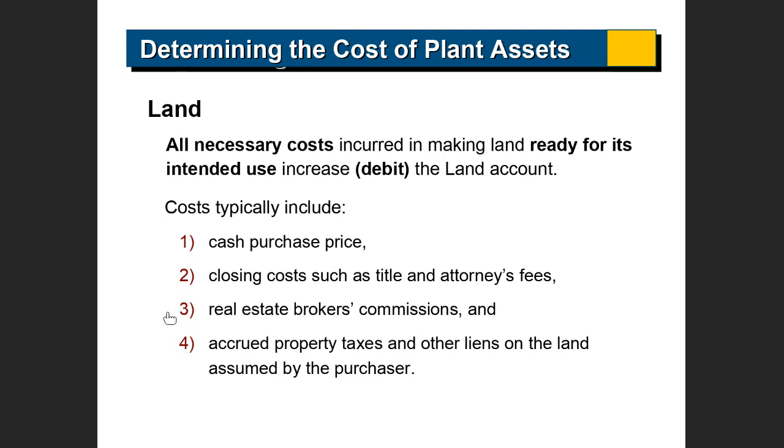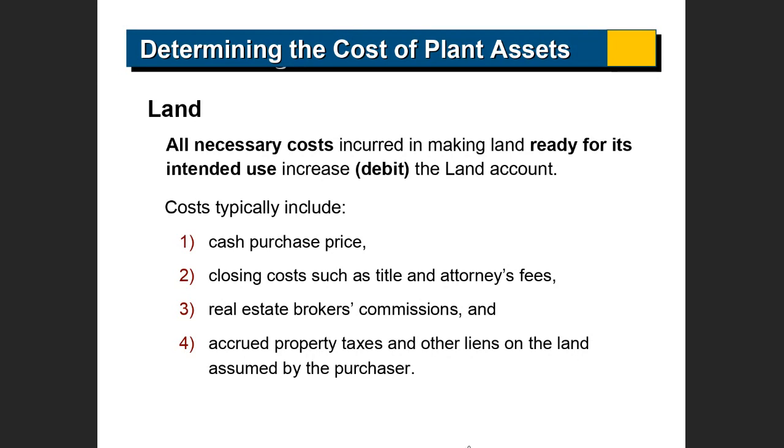If there is a broker, you might have to pay them a fee, a commission. Also accrued property tax and other liens on the land assumed by the purchaser. So if the old owner did not pay all the taxes and you have to pay for that, that is also going to be part of the purchase price of the land.